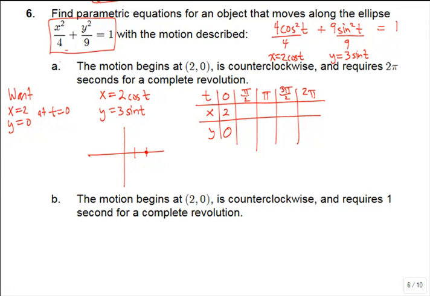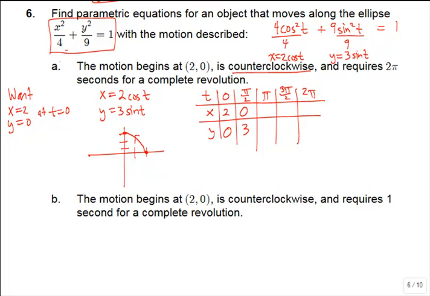Now if we let t be pi over 2, cosine of pi over 2 goes to 0, but sine of pi over 2 goes to 1, so this would become 3 times 1, or 3. So in our next t value, we're at the point (0, 3), which would be right up here. So we're kind of moving in this direction, which is counterclockwise. So far that looks pretty good as well.